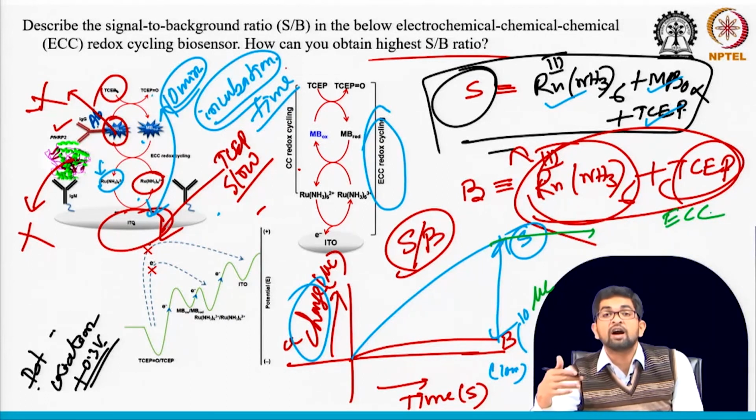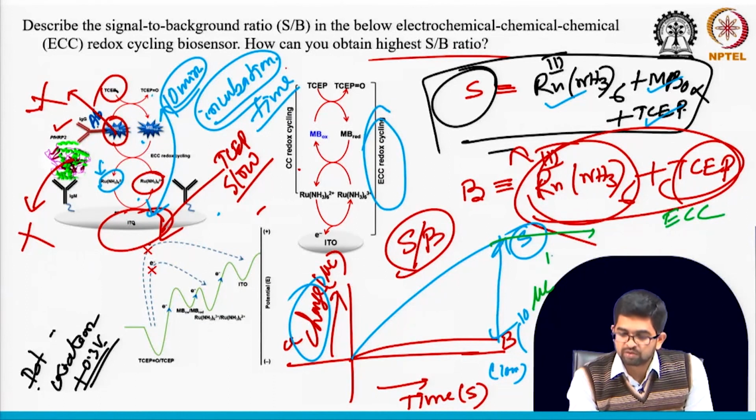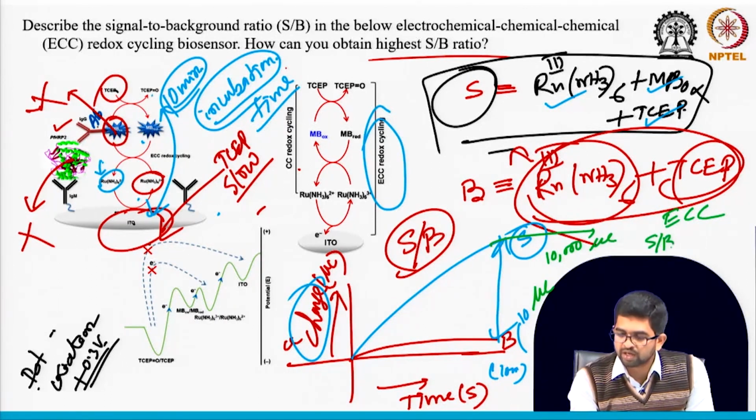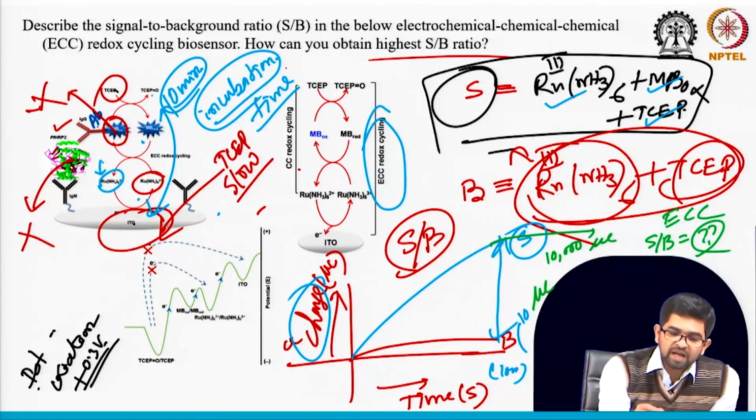You are developing an ultrasensitive biosensor. So it will definitely be around maybe 10,000 or maybe 1,000, something like this, microcoulomb. Then you can divide, signal to background ratio, and see how much you are getting. That is your amplification.